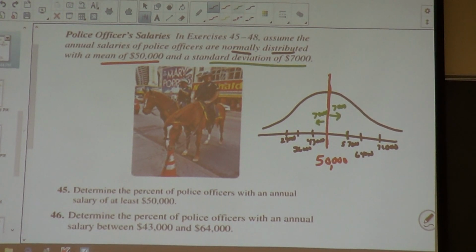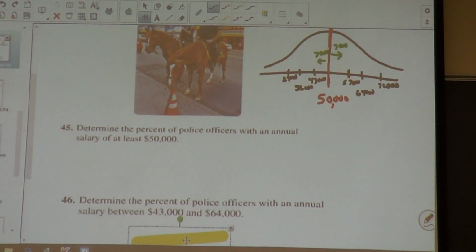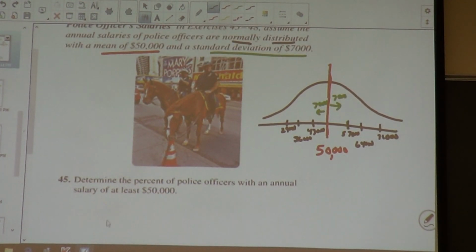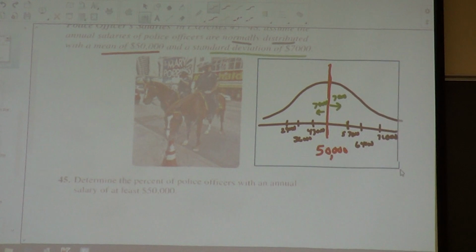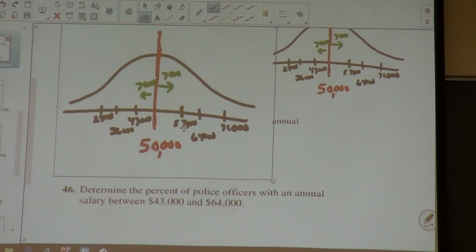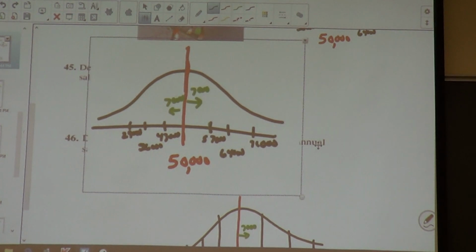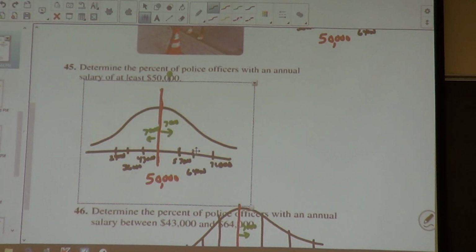So I got all of that from the paragraph. Are we good with that part? Then I'm gonna take, and I can cheat, y'all can't, but I'm gonna take that picture and I'm gonna copy that picture.